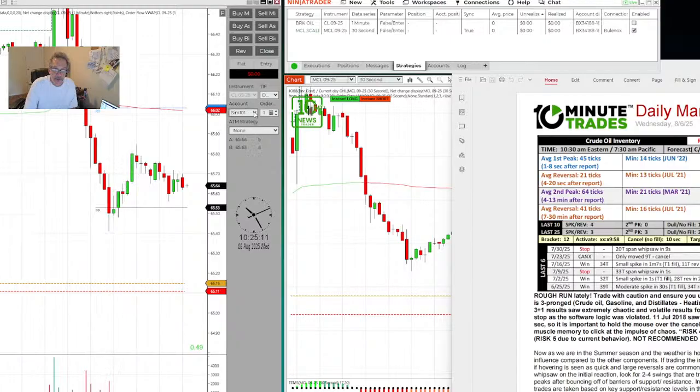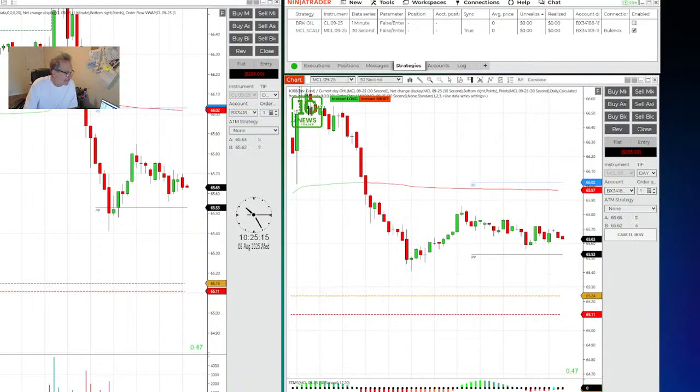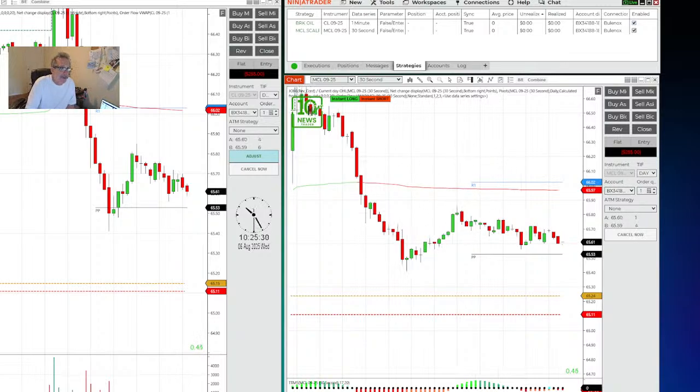Put your chart trader on 18, and we're ready to go. I have to turn on the trade, don't forget. I have a setup for after the news with micros on the right chart, and we have our breakout on the left chart.